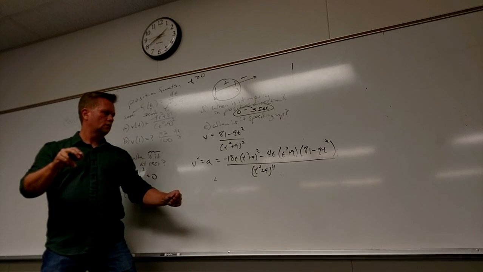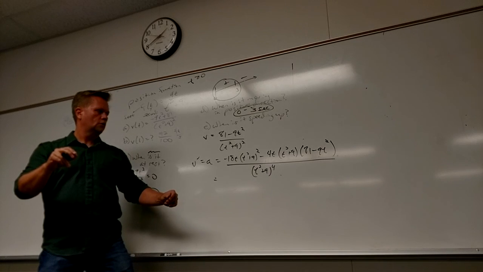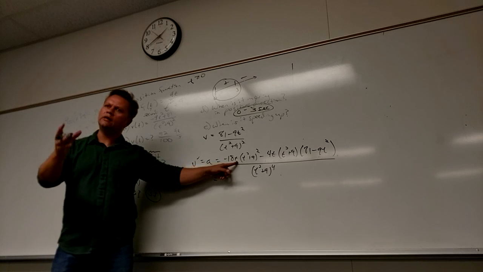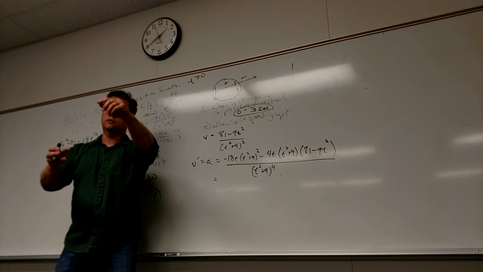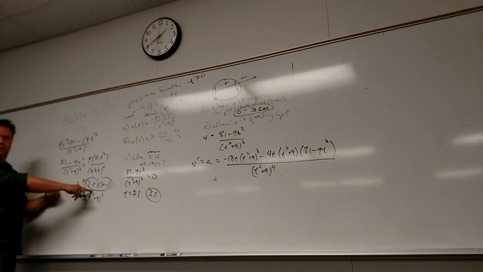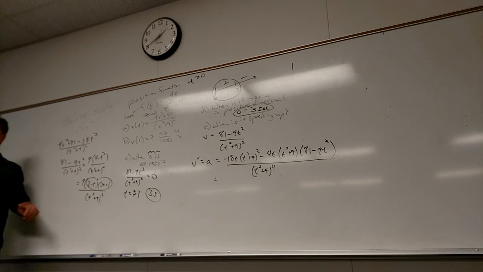But I don't care about time equals 0. I want to see when my acceleration is 0. That's why I want to factor. Just like here, if I factor, I can see when my velocity is 0, at 3 and negative 3, of which 3 is the only one that makes sense.